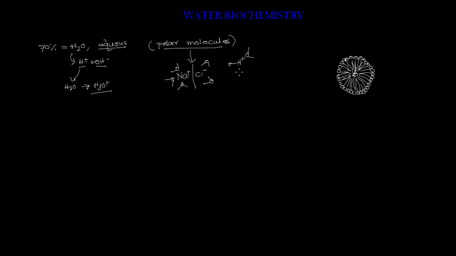But if it is a non-polar molecule such as a lipid, what happens? Water molecules are not able to form any kind of bond, because the charge is evenly distributed around the nonpolar molecule.